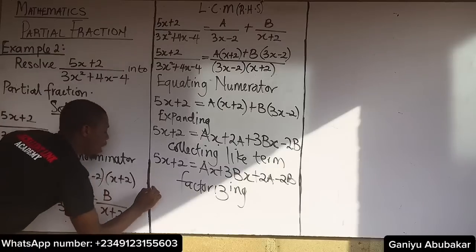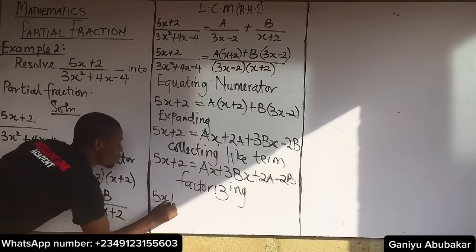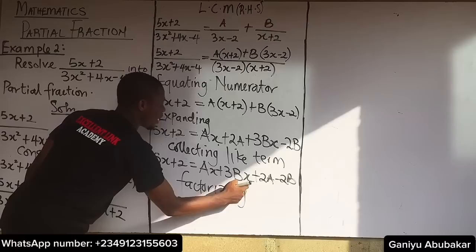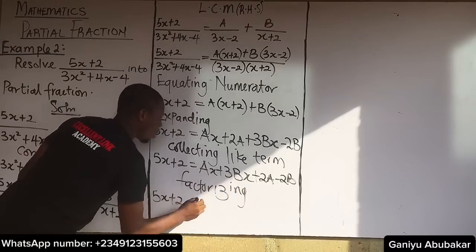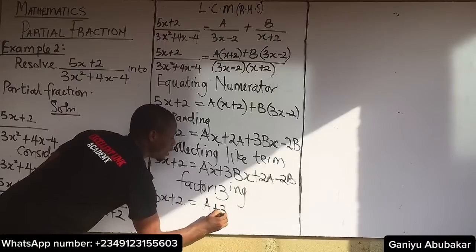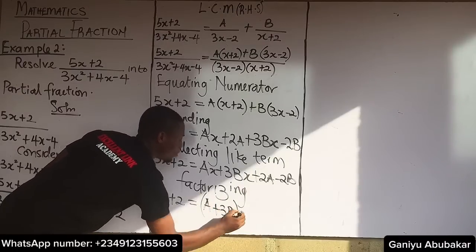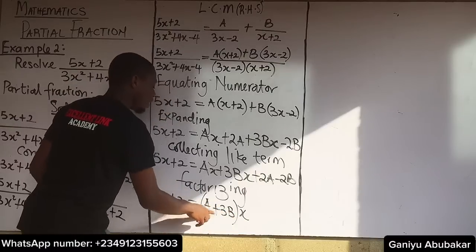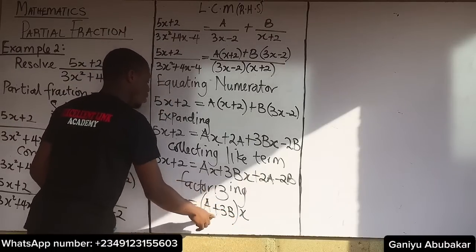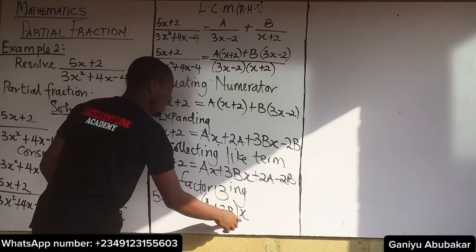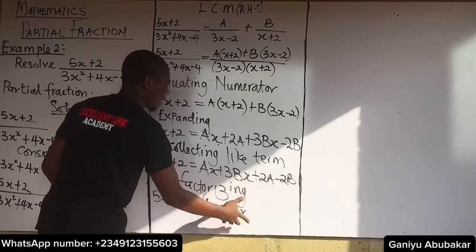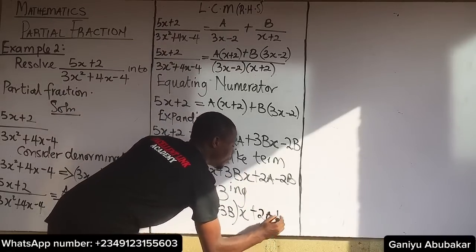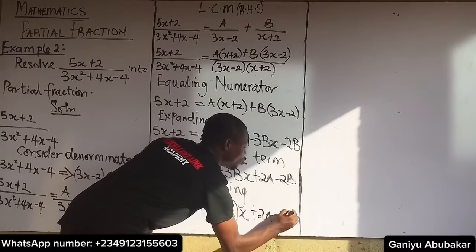So if I factorize, I'll have 5x plus 2 to be equal to, this is having x. So bring these two together, I'll have a plus 3b. Bring down the x outside this way. So it means x times a is ax, plus 3b times x is 3bx. I have this here. Next up, plus 2a minus 2b.